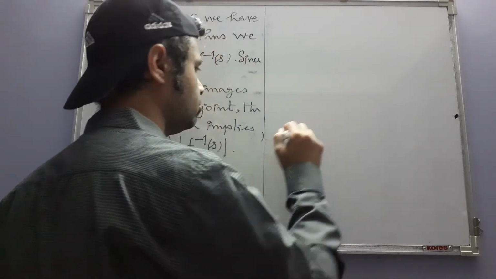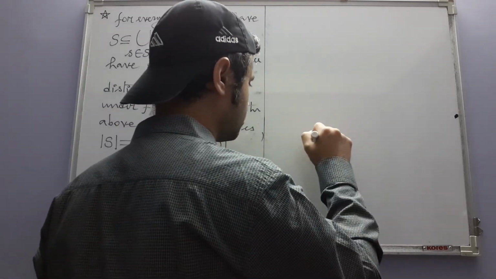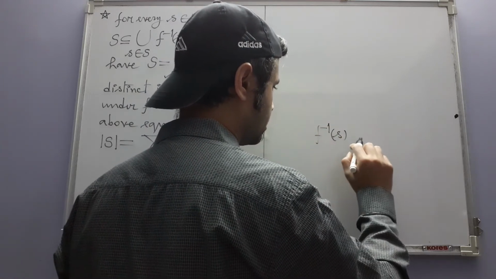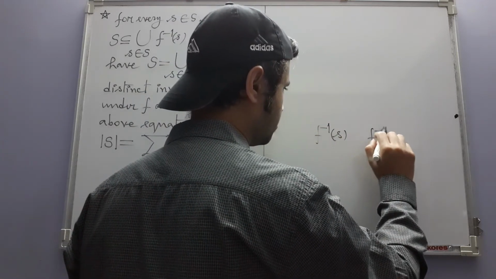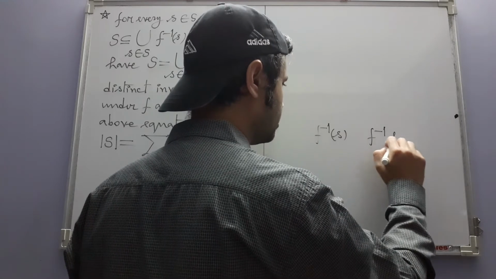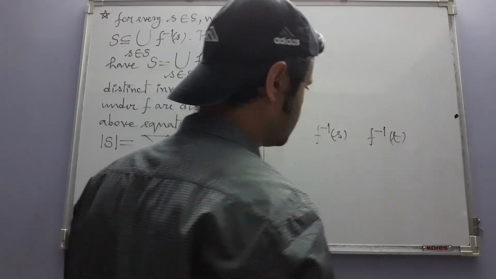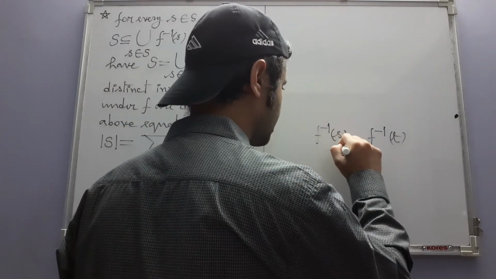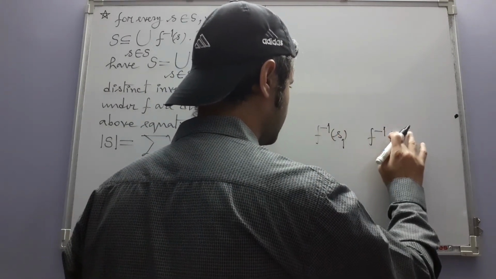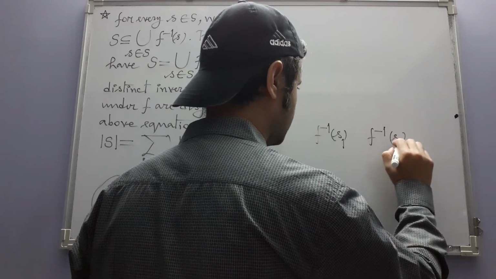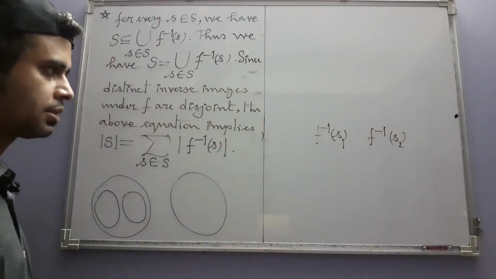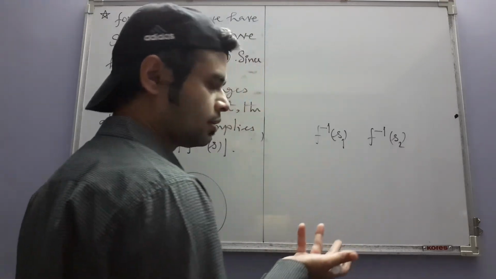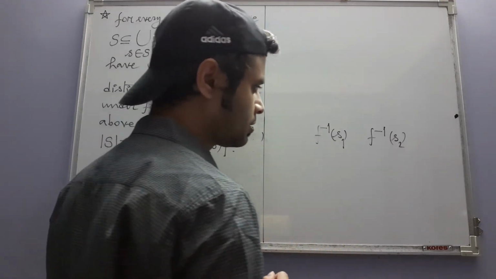Say we have two inverse images, F inverse of s1 and F inverse of s2, because we used T in a somewhat different status.